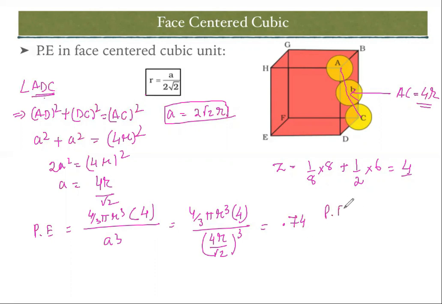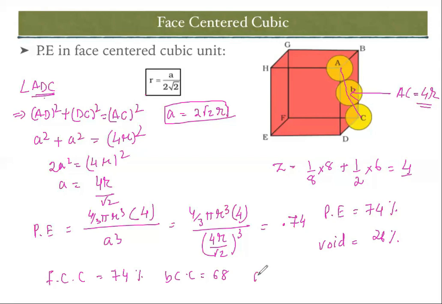And the percentage is 74%. Then what is the void percentage? Void percentage is 26%. So what is the conclusion among these three? Which has the maximum packing efficiency? Face-centered FCC has the maximum, that is 74%. BCC is 68%, and simple cubic is 52.4%. Remember this: FCC is the maximum, then BCC, then cubic.